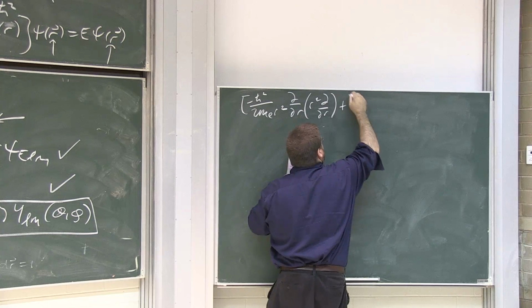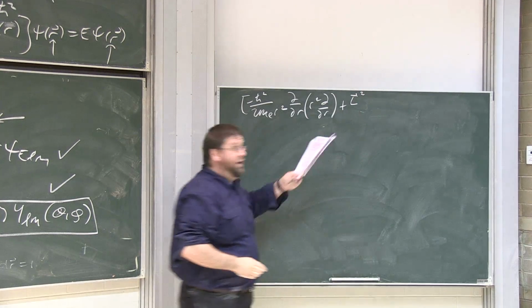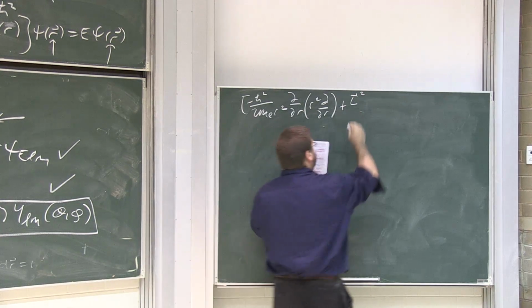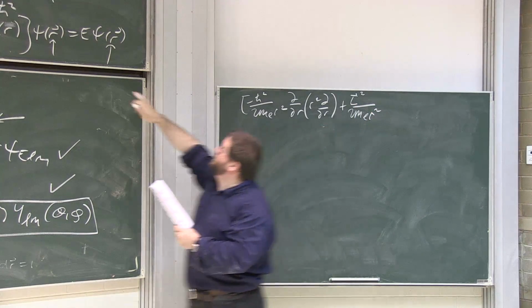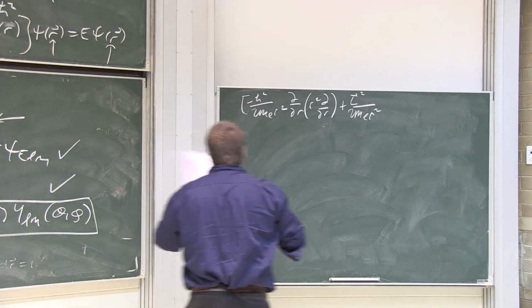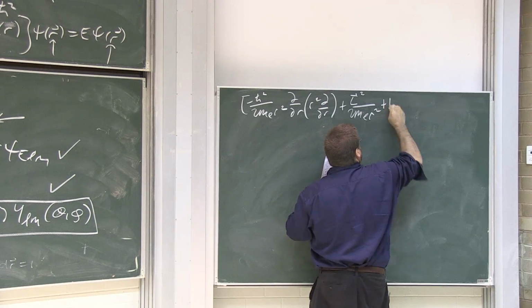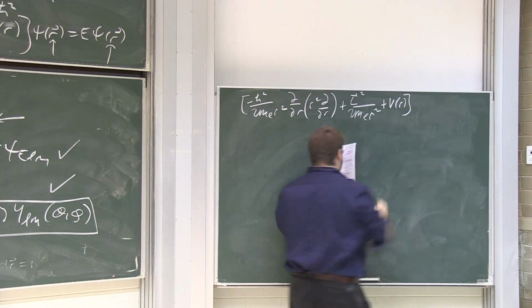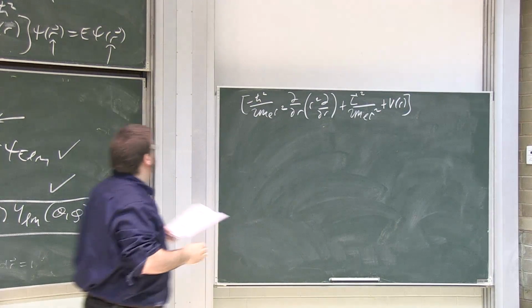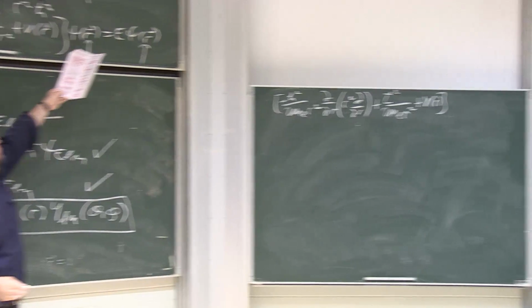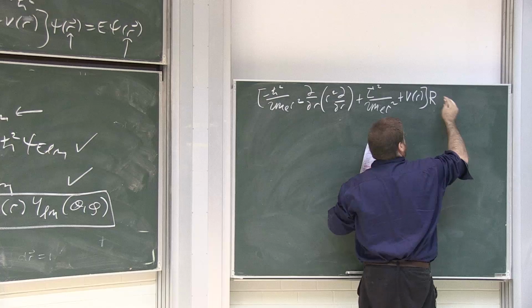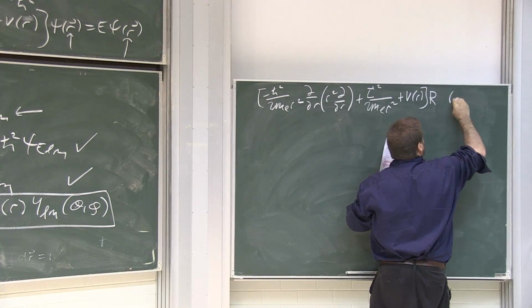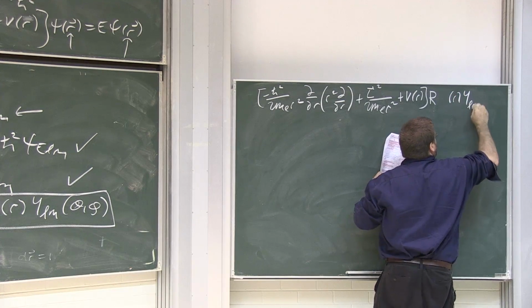Then we have an L squared. By the way, I'm going to rub that off soon for reasons I'll justify. So I'm just writing out this bottom board here, plus our rotationally symmetric potential, our central potential. And this is going to act on the wave function, which we're writing as a product of some function only of r times the spherical harmonic.